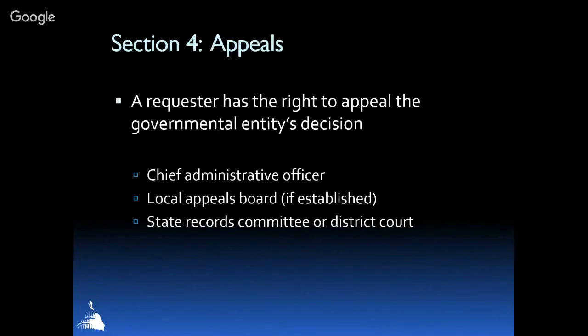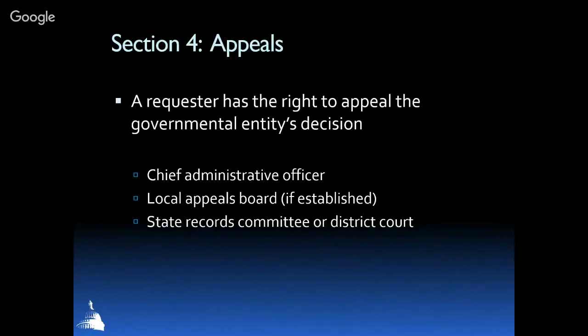The first appeal must go to the Chief Administrative Officer or the designee of the governmental entity. And a requester may appeal 30 days after the notification of denial. In addition to the denial, the requester may also appeal unreasonable denial of a fee waiver request, claims of extraordinary circumstances, if the requester believes it is an unreasonable time frame or reason for not providing those records, and if the governmental entity failed to respond within the time frame required by the statute, which had been the 10 days.